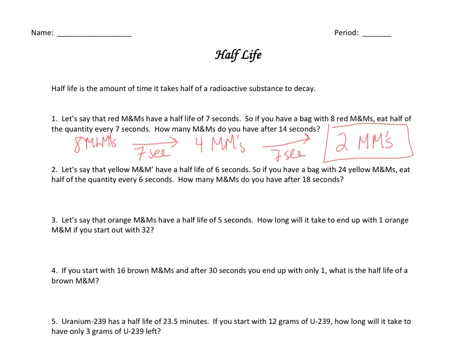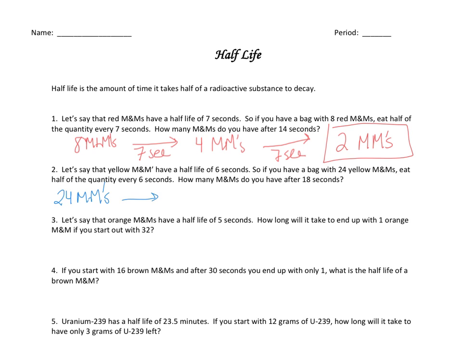Let's look at number 2. Let's say that yellow M&Ms have a half-life of 6 seconds. If you have a bag with 24 yellow M&Ms, you want to eat half the quantity every 6 seconds. How many M&Ms do you have after 18 seconds? Let's try it. We have 24 M&Ms this time, and the half-life, they tell us, is 6 seconds.